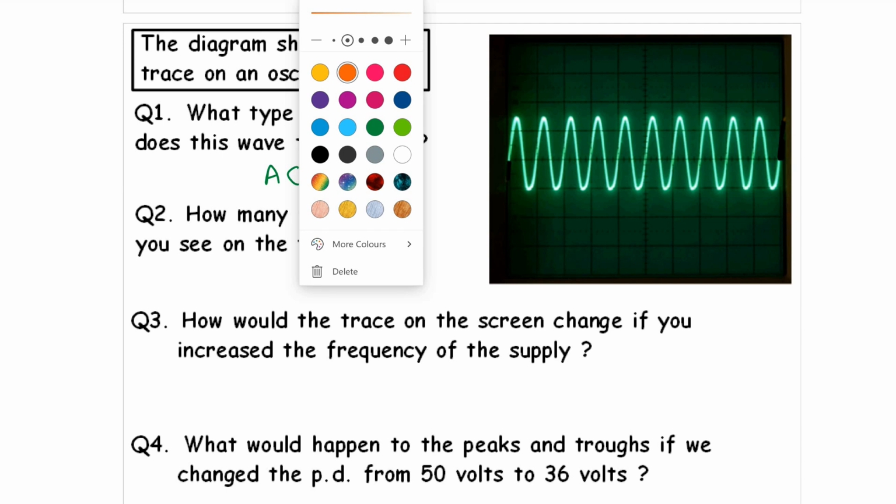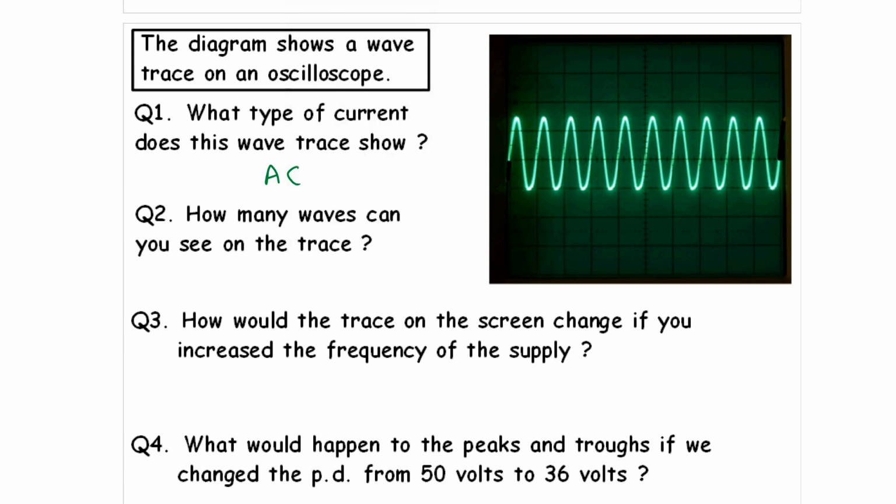Here is one wave, 2, 3, green is 4, red is 5 waves, green is 6, red is 7, green is 8, red is 9, and the green is 10. So we have got 10 waves there.